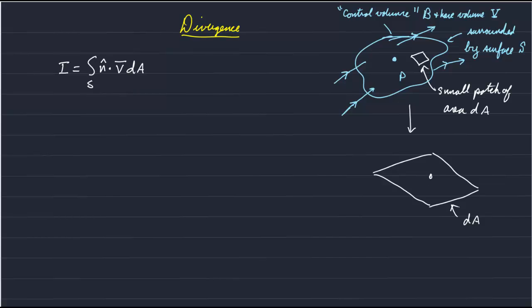And normal to the surface, which basically represents the orientation of the surface, is a unit vector, n hat. So n hat is a unit vector normal to dA.